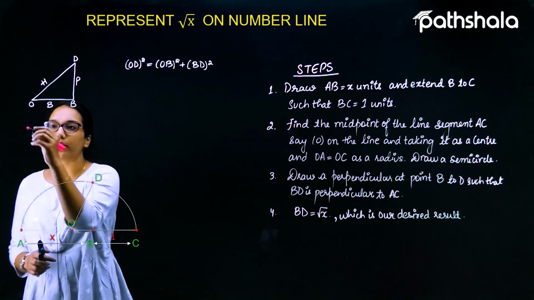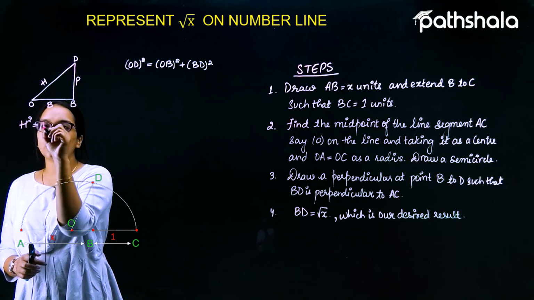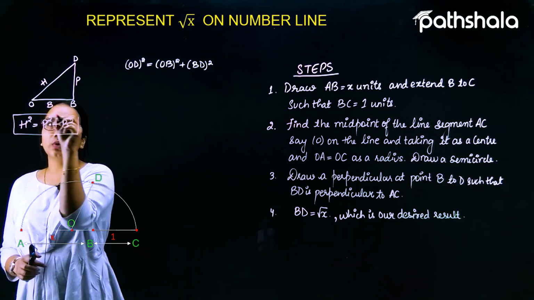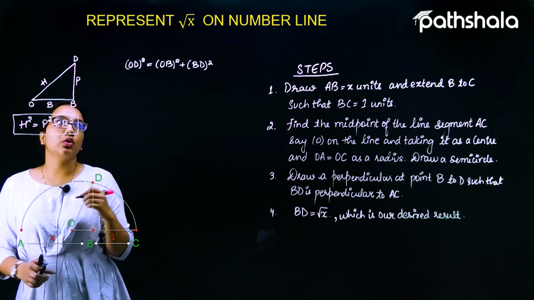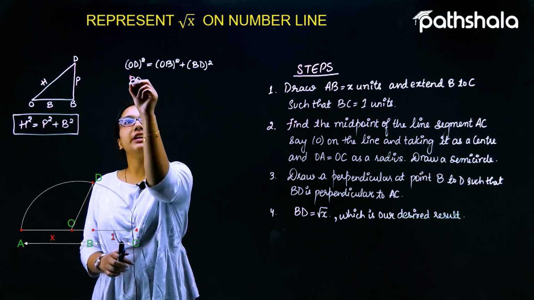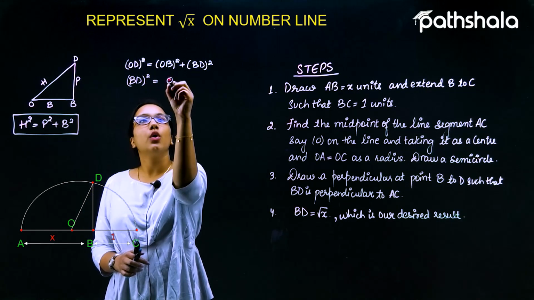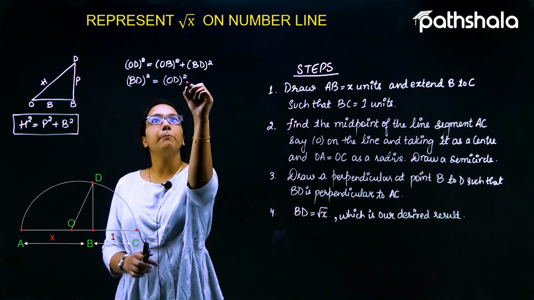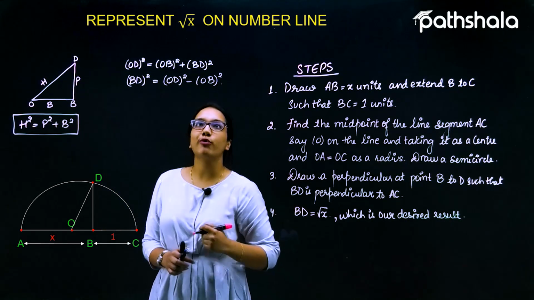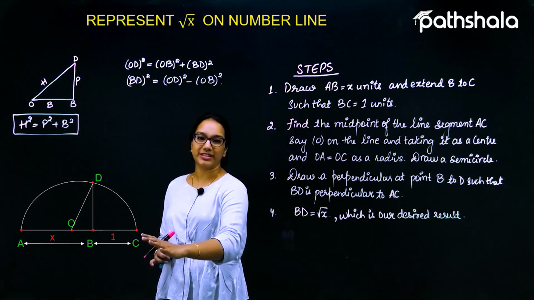This is the Pythagoras theorem. We just want to find BD, so BD square will be OD square minus OB square. Now let's find the values of OD and OB from this particular representation.